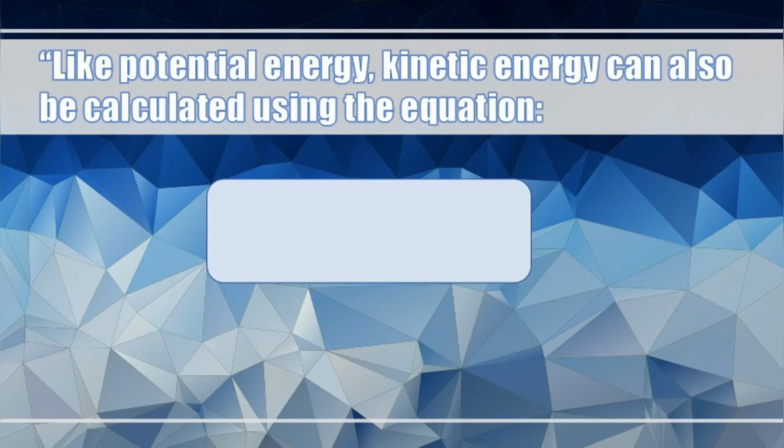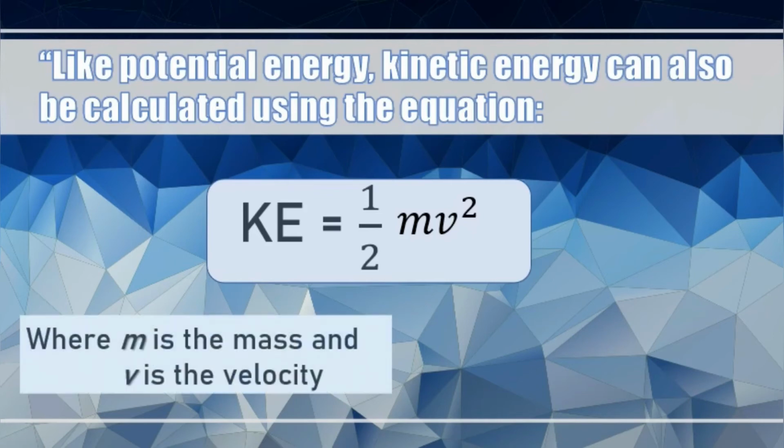Alright, so a while ago, we calculated for potential energy. Like potential energy, kinetic energy can also be calculated using the equation KE, or kinetic energy, equals 1/2 mv squared. Now, what do we mean by this? M is the mass of the object in the given problem and v is the velocity.